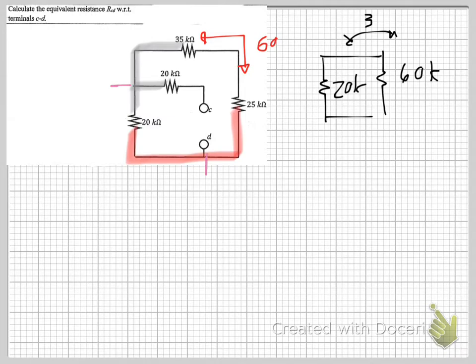So you can simply say that your R equivalent is equal to 60 over 3 plus 1. The ratio between them plus 1, given that the ratio is a natural number, a full number, not fractions. So this gives you 15K. And yeah, you can do the equivalent formula and say that the result is the same. So this is like a quick trick you can use if you can see it.